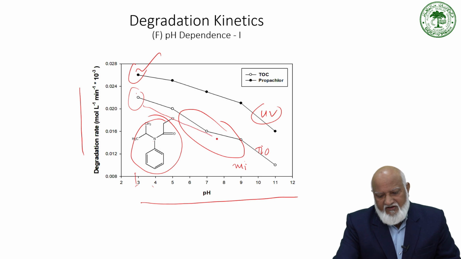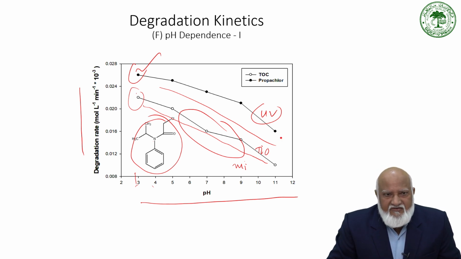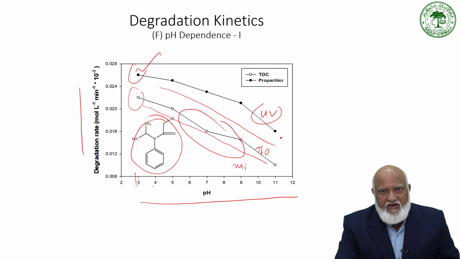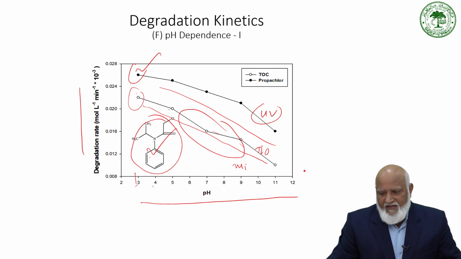When we move the reaction to higher pH values, the degradation decreases, and that's why we can say that pH is playing a very important role in the degradation of this compound. The highest efficiency was observed under acidic pH, which slowly decreases going from neutral to basic alkaline pH values, and hence we can say that the degradation efficiency is highly pH dependent.